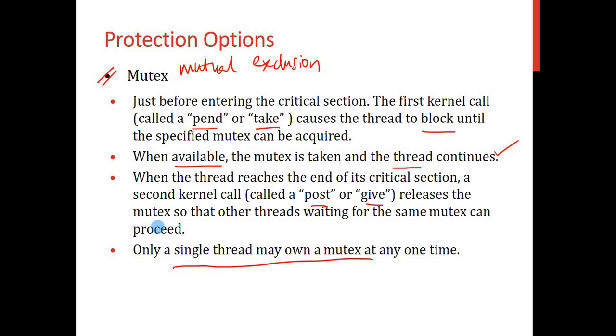That means at any point in time only a single thread is allowed to hold the mutex, and once you lock the mutex, another task that tries to lock it will not be able to. That means the other task will not be able to proceed with accessing the shared resource.